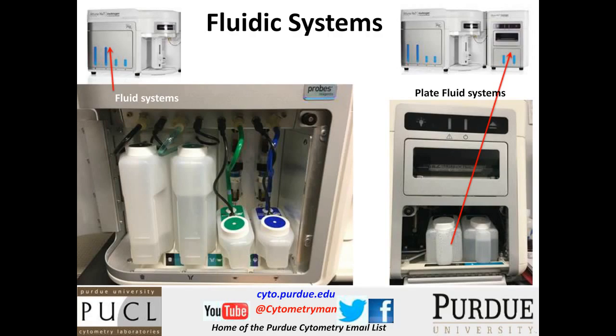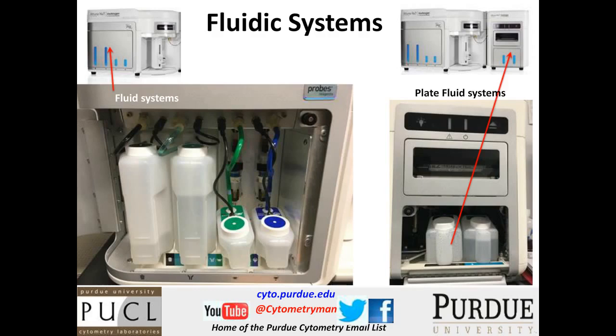Now, while I'm looking at this slide, I haven't discussed the automation yet, but if you had a plate reader on the side of the instrument, it would be sitting here. I draw your attention to this chamber here. If you open that up, you'll see that there's a sheath tank here. So this also is very, very small.